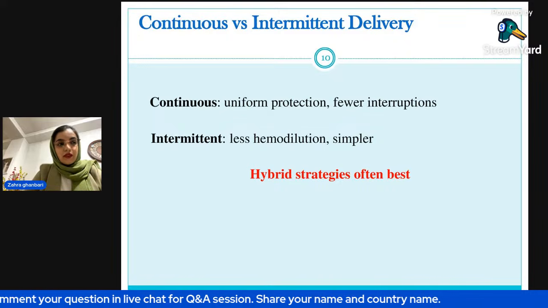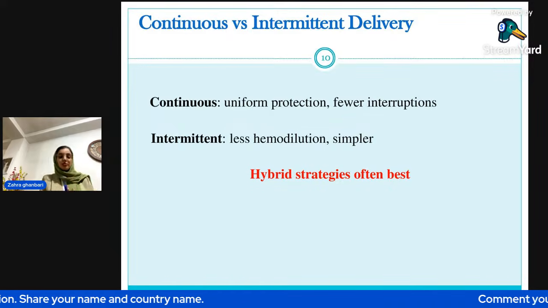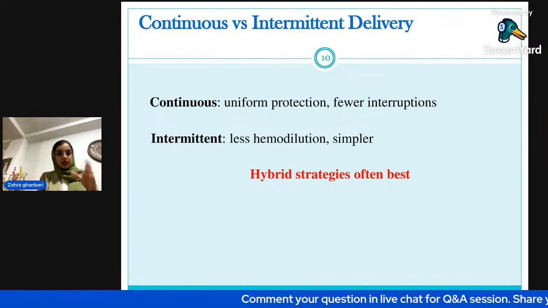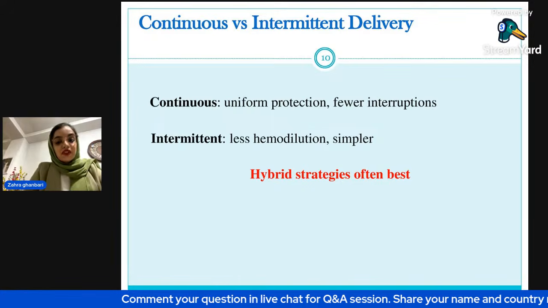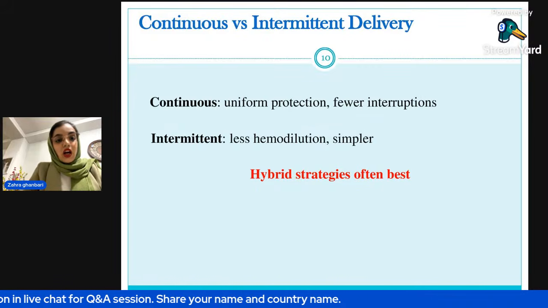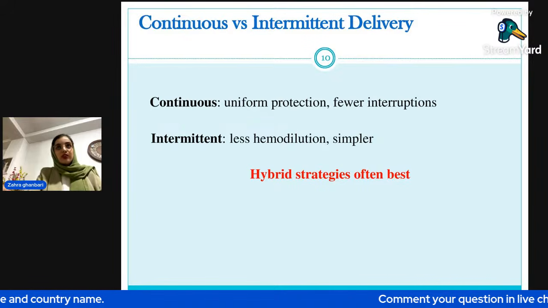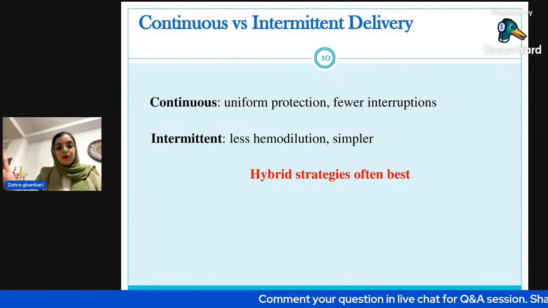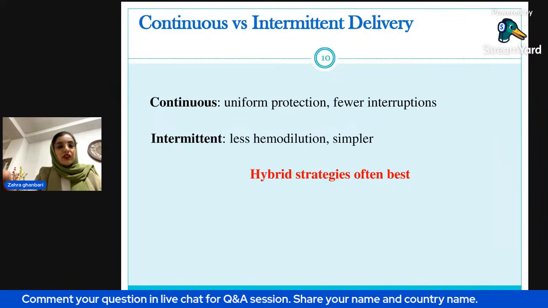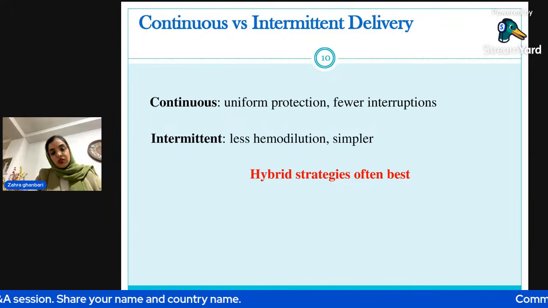The advantage is less hemodilution and a simpler system to control pressure and temperature. The disadvantage is that a brief interruption may reduce protection to some areas. There are also hybrid strategies that combine both continuous and intermittent, using strengths of both methods, often the best choice for complex or multi-graft surgeries. So go to the next slide, please.